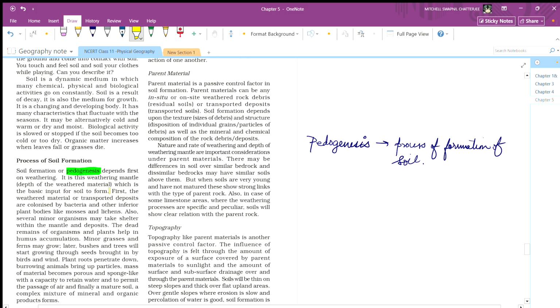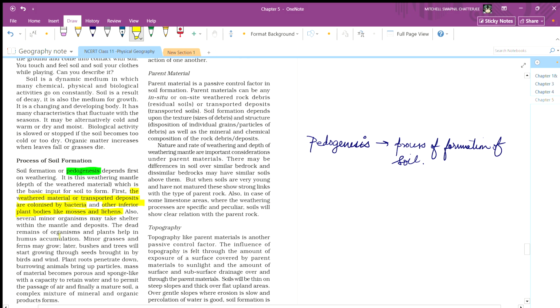First, weathered materials or transported deposits are colonized by bacteria and other inferior bodies like mosses and lichens. Also, several minor organisms may take shelter within the mantle and deposits.